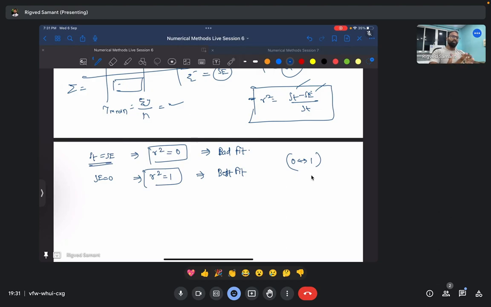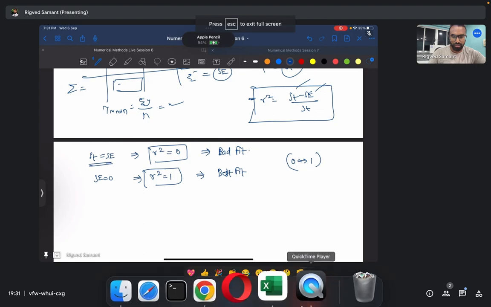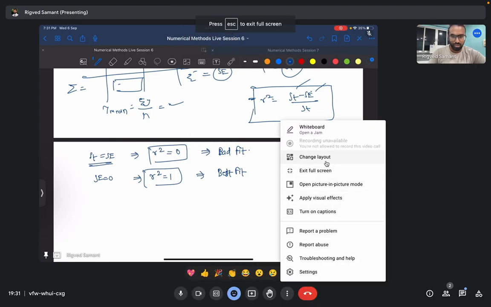Otherwise, if it's somewhere around 0.56, 0.57 or 0.6, there is a chance that half of the points are farther away from your regression line and half of the points are very close. So error is very high at some points, and error is very low at some points. So I'll just show you this through an Excel sheet.